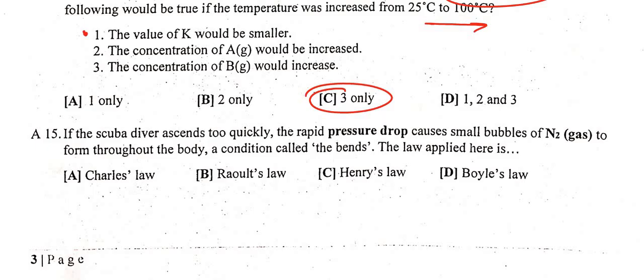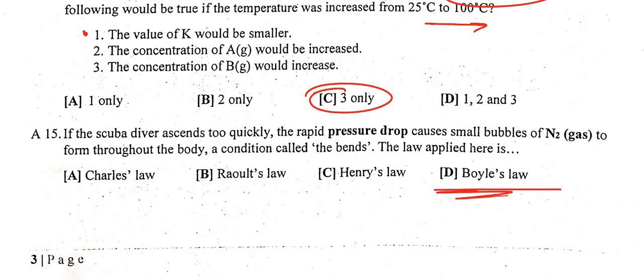So when a scuba diver ascends, they go up, and there's a pressure drop that causes small bubbles of nitrogen to form in the body. This is called the bends. The law applied here is Boyle's law.